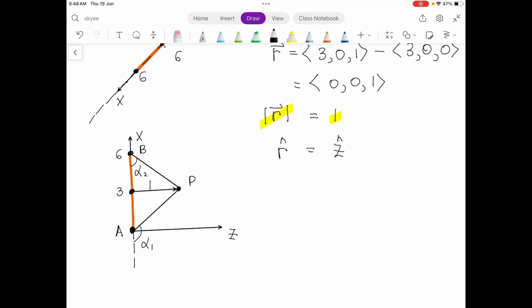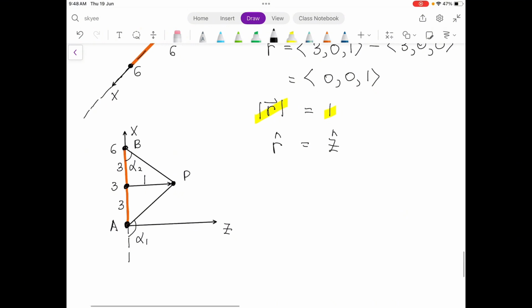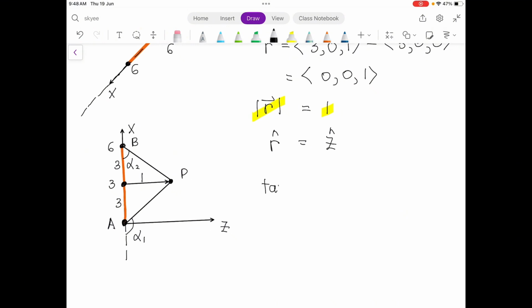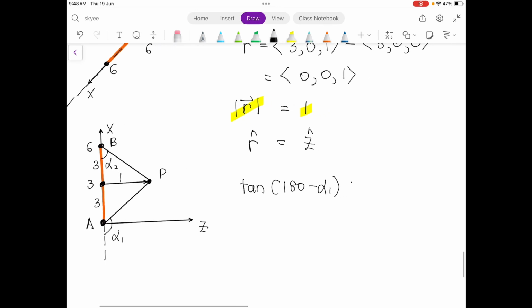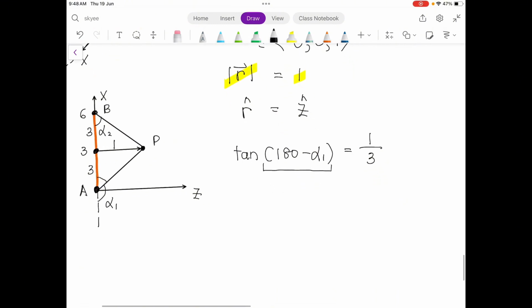Maybe I will put some values here. This is 3 units here and this is 3 units here. For the tangent of 180 minus alpha 1, it is equal to opposite over adjacent. This angle refers to the angle here. Using your calculator, I'm setting my mode in radians. So arctangent 1 over 3.